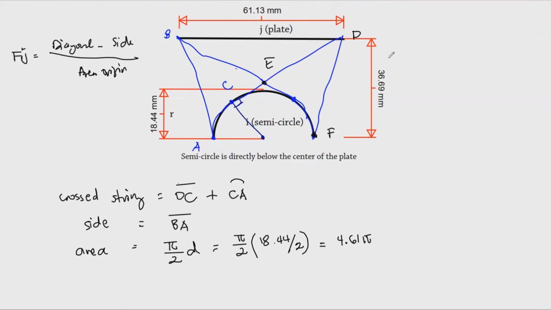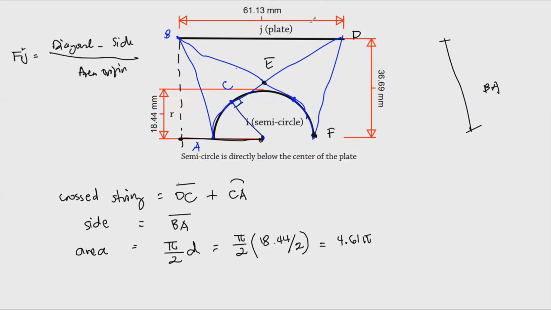Why? Because if you look closely at this BA, knowing that this is the plate that is there and this semicircle is directly below the 61.13, we could see that the distance from the edge going through this side to the center of the circle would be the midpoint of 61.13.